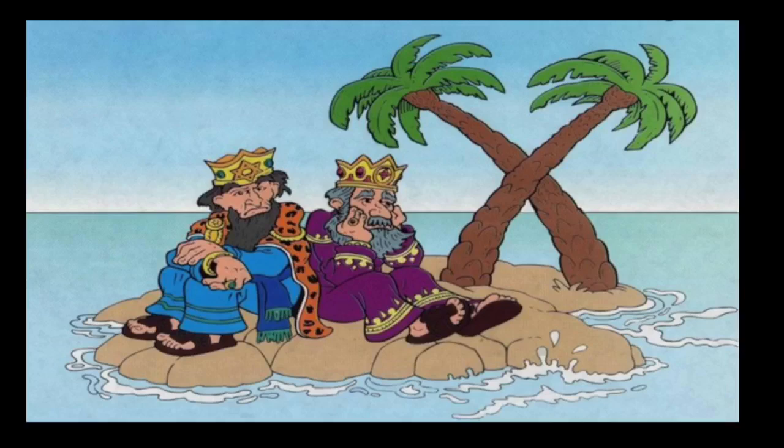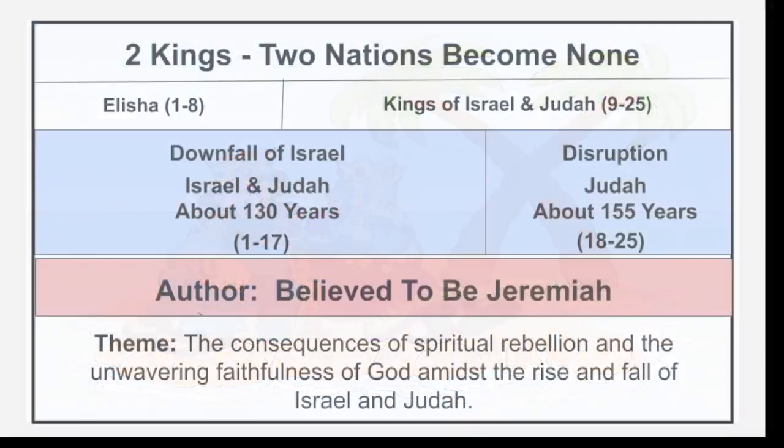Well, I want to look real quickly at the outline. And the outline for the book of Kings is that two nations become none. If you remember 1 Kings, we had one nation becoming two nations. In 2 Kings, two nations become no nations because they're both taken into exile.